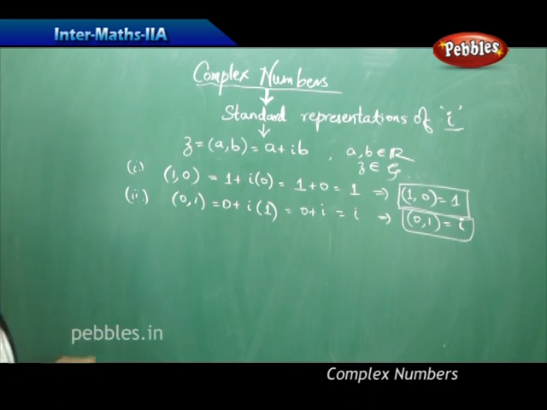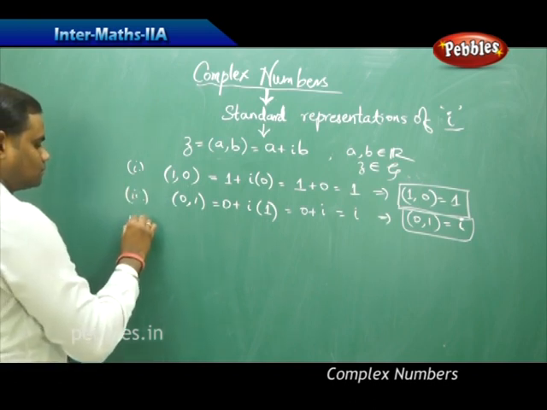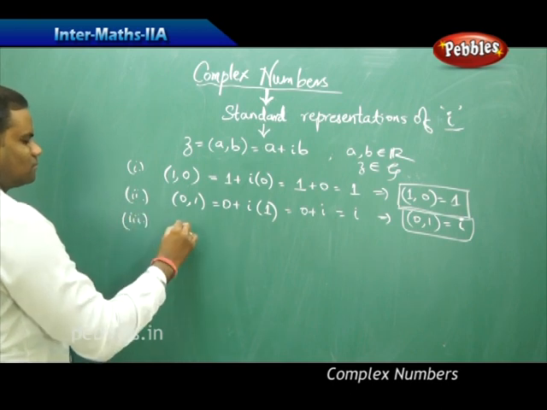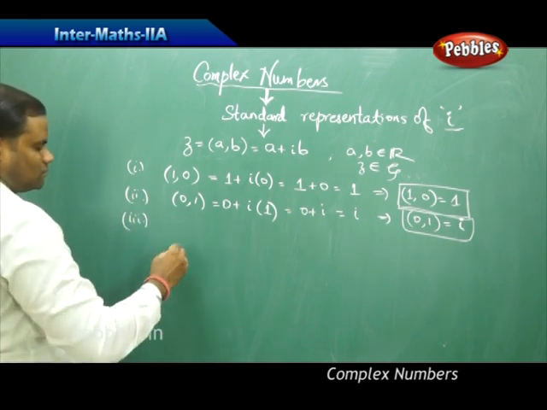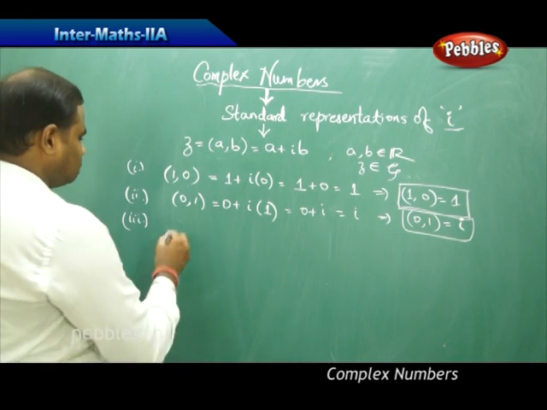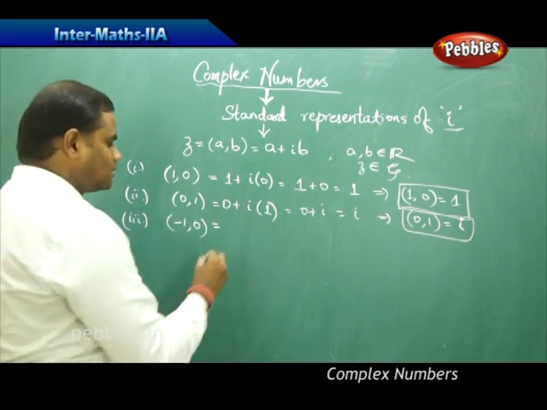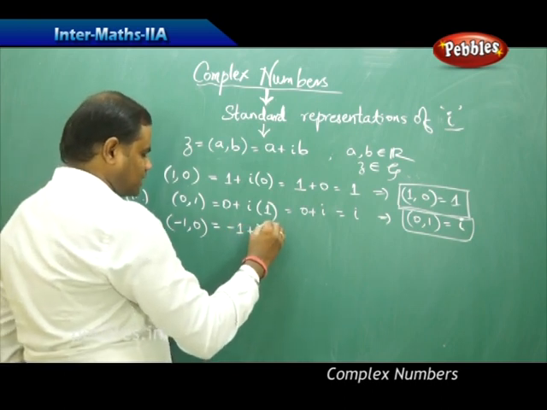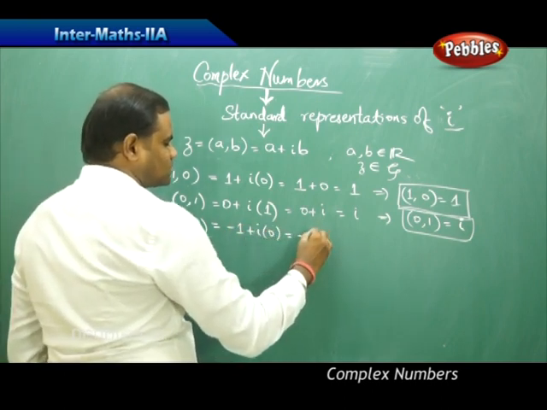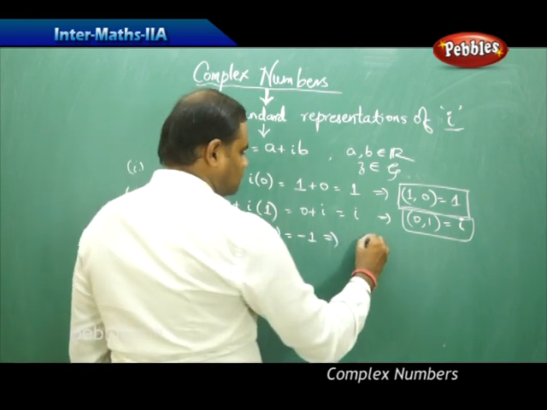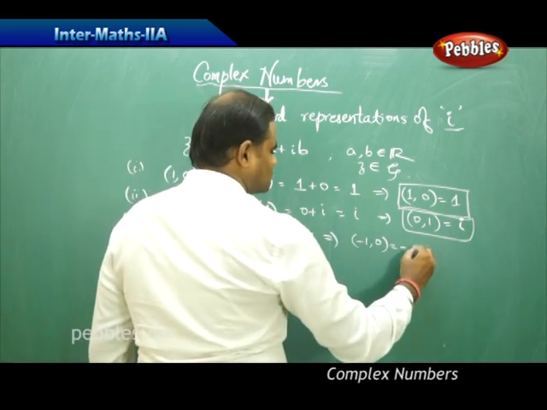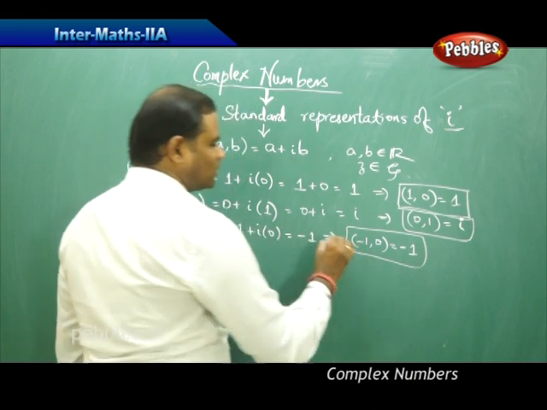Similarly, say for example I have (minus 1, 0). In that case this is nothing but minus 1 plus i times 0, which is minus 1. That implies (minus 1, 0) is understood as minus 1.